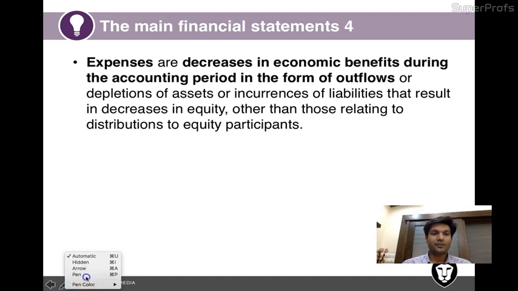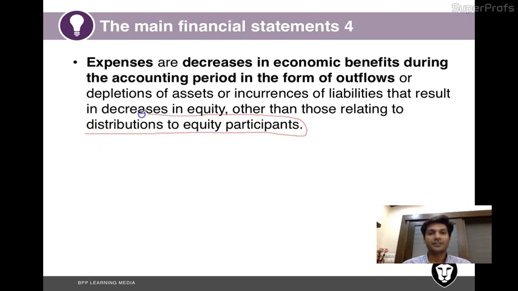But this will not include the decrease in equity because of distributions to equity participants. Okay, this will not be included. Expenses only include the outflow, or depletion, meaning assets going down, or incurrence, meaning liability going up. So when the asset goes down or the liability goes up, obviously company equity goes down. So that is known as expense.